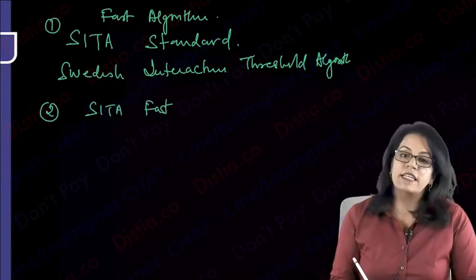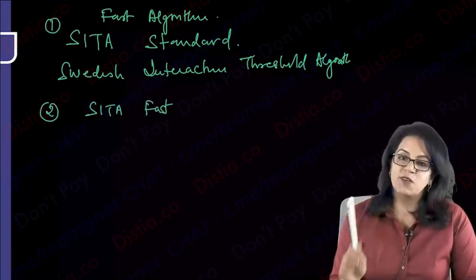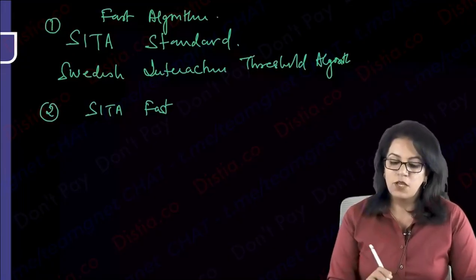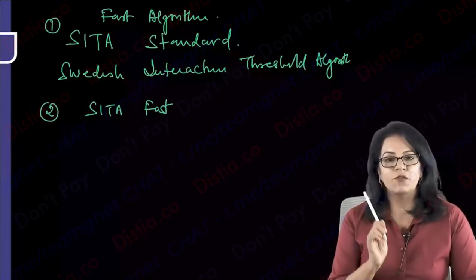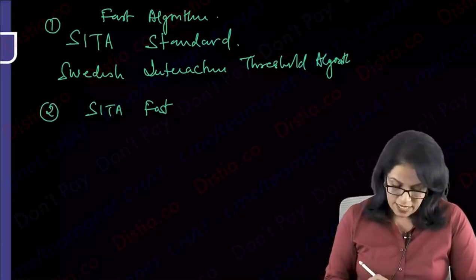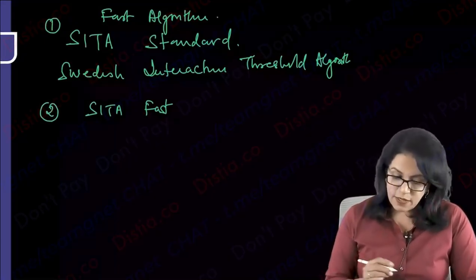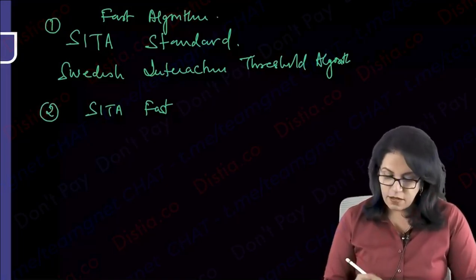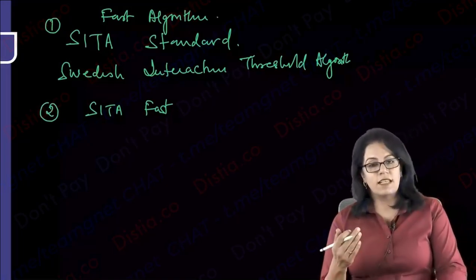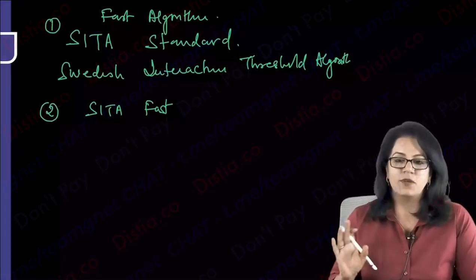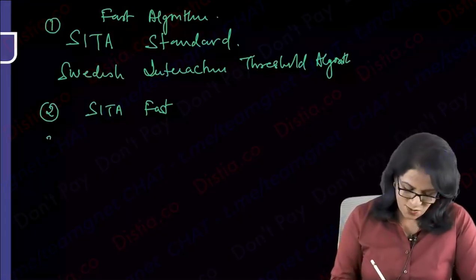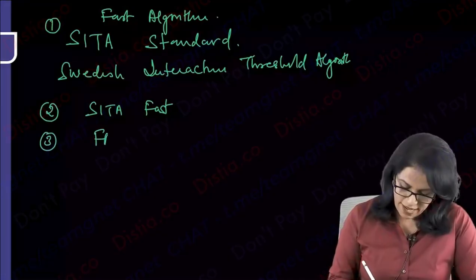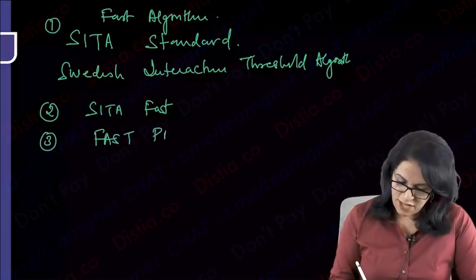Just remember, I have a database of normal, I have a database of glaucomatous patients, and then I am quickly trying to estimate the threshold value for you. So that is SITA Standard. Now, when you say SITA Fast, it is a little even faster than SITA Standard. I don't want you to know too much detail, just know the names. Third is FastPac. Know the name FastPac.